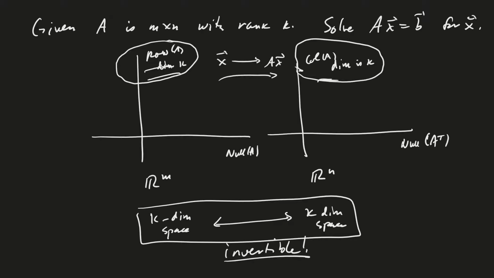Okay, so how am I going to do this? Well, number one, if I have a b vector that's out here somewhere, I'm not going to be able to solve it anyway, so that's going to need to be projected to the column space of A. And in order to do that, I'm going to need to have a basis for the column space of A, right? Where am I going to get that?